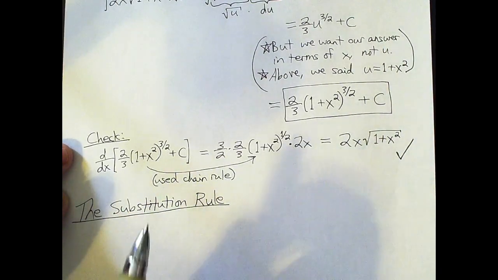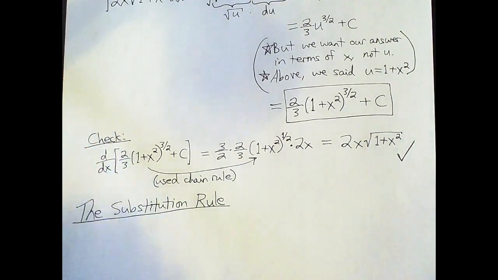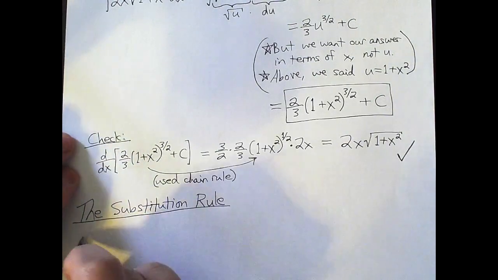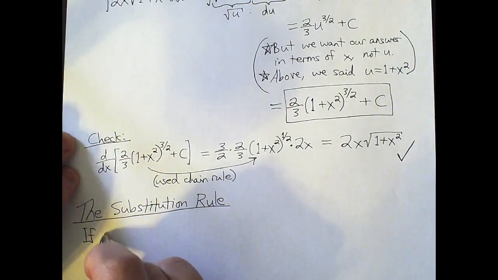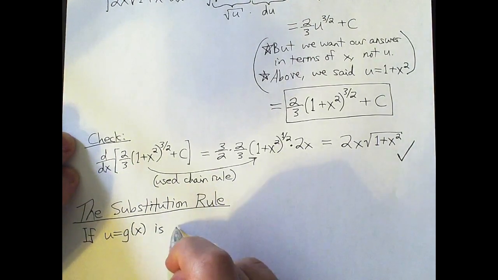Now, let me just tell you, I'm going to write this as a sentence, but I don't really think of the substitution rule as a formula. I think of it as a strategy. So even though we need to write this, well, let's just see.